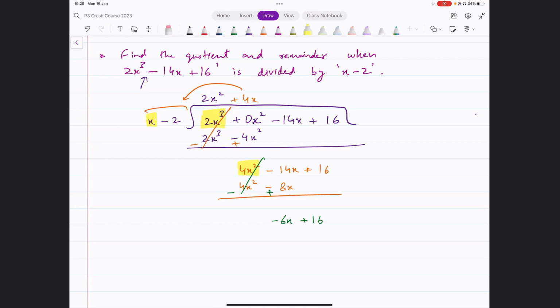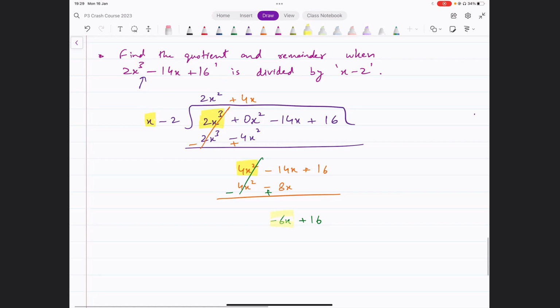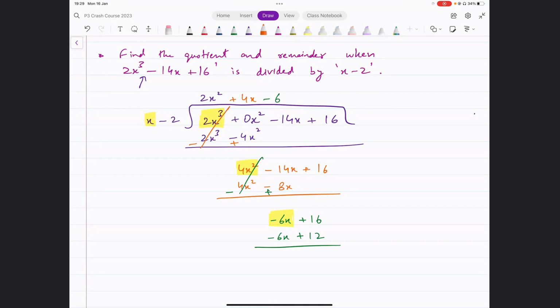Again, repeat the process. What do you multiply x by to get minus 6x? You multiply x by minus 6 for this. So you've got minus 6 in the quotient. Now minus 6 into this whole thing, that gives you minus 6x plus 12. Again, change the signs.